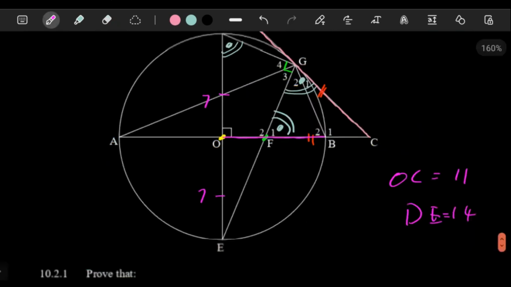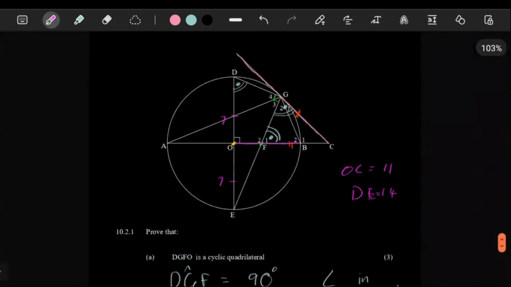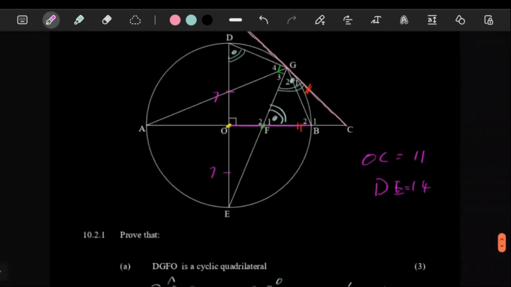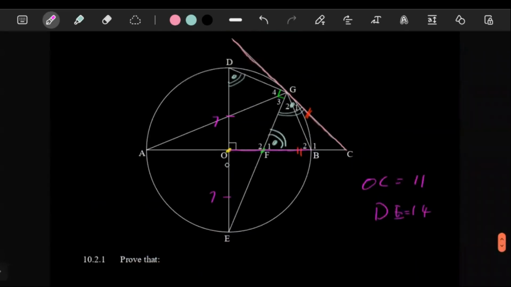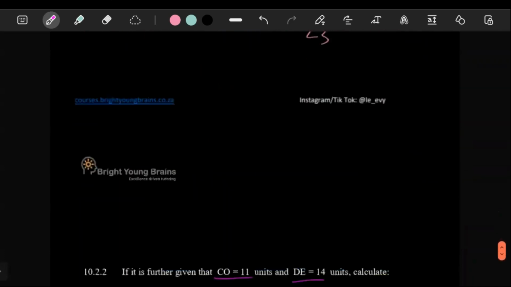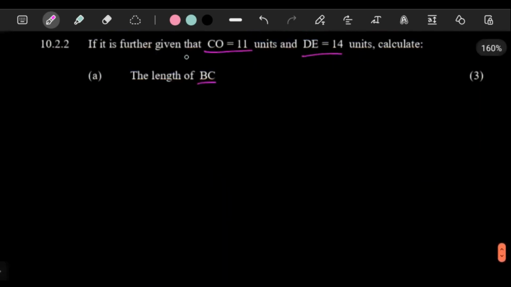So I guess we could start there. Let's just tell them that DO is equal to OE. And then we say radii, so that we can state that they are both equal to 7.